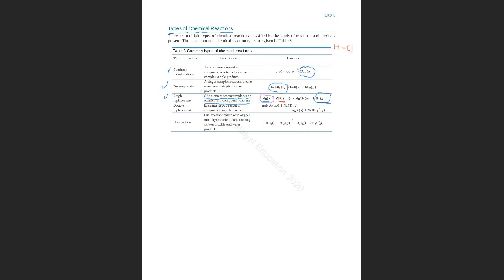And the magnesium that was free took the place of the hydrogen. That's why it's single replacement. The magnesium is replacing the hydrogen. And in the products, we have the magnesium chloride and the free element hydrogen. Any questions on single replacement?